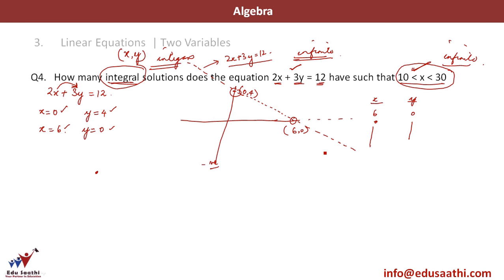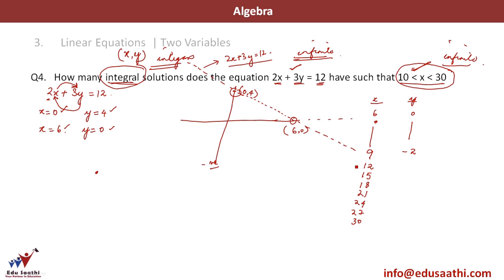So the next x value that will satisfy would be 9, and y would decrease with the coefficient of the other variable, which is 2. The value of y would be minus 2. The next values of x would be 12, 15, 18, 21, 24, 27, 30 and so on.